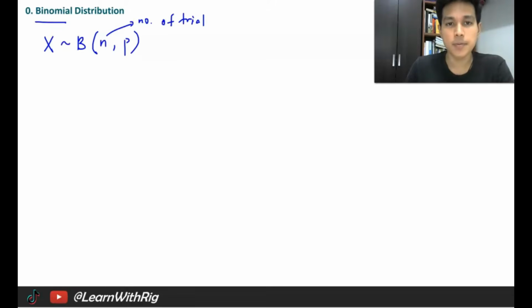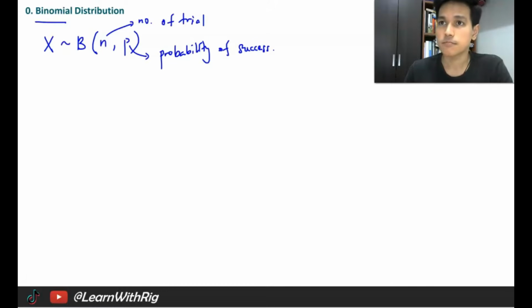P is the probability of success. For example, let's say you want to find out how many people in your class get A for maths.